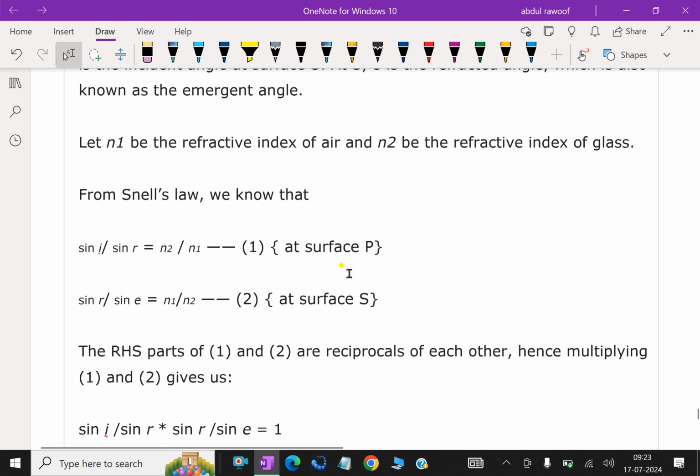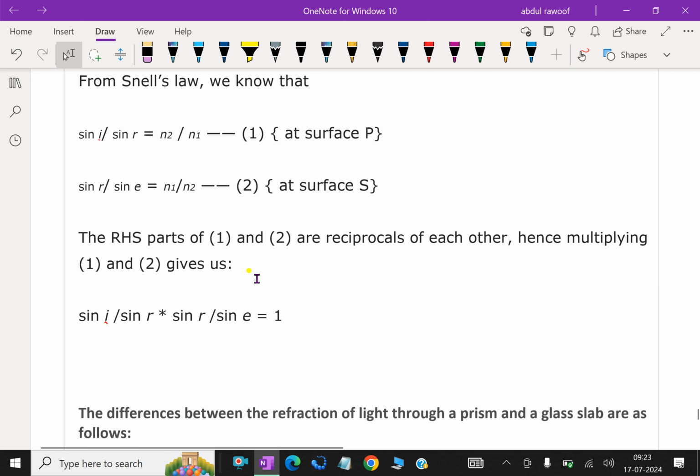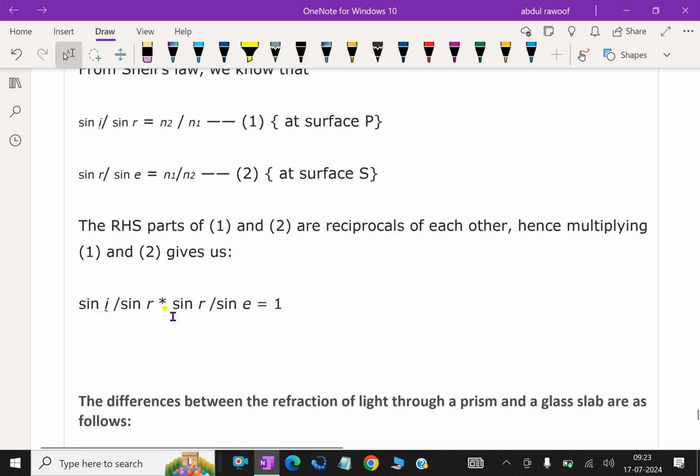We see that I is the incident angle and R is the refracted angle at surface P. Therefore, we can say finally by using Snell's law, sin I over sin R equals N2 by N1, and sin R by sin E, in the second medium, is N1 by N2. Therefore, in general, we can say sin I by sin R into sin R by sin E equals 1. So, multiplying both equations, left multiplication, right multiplication, use this equation.